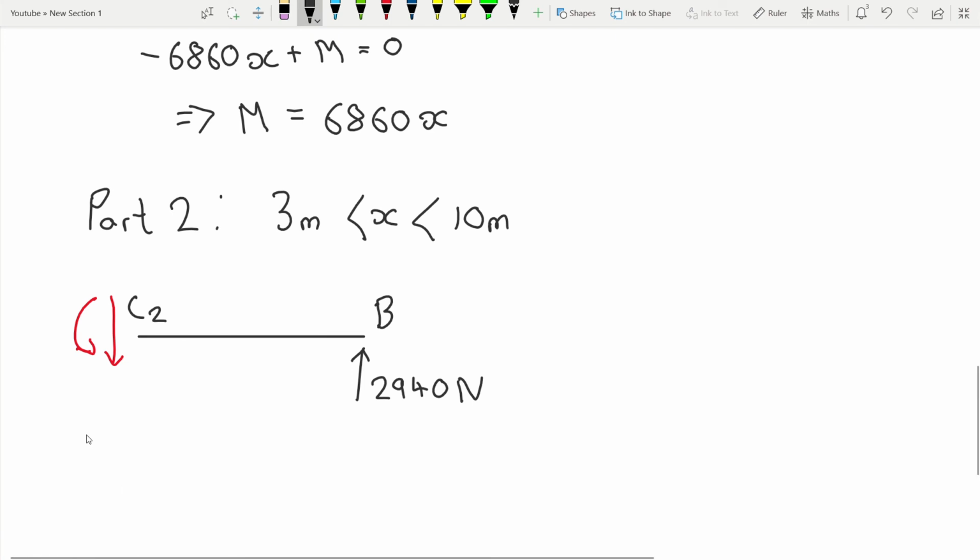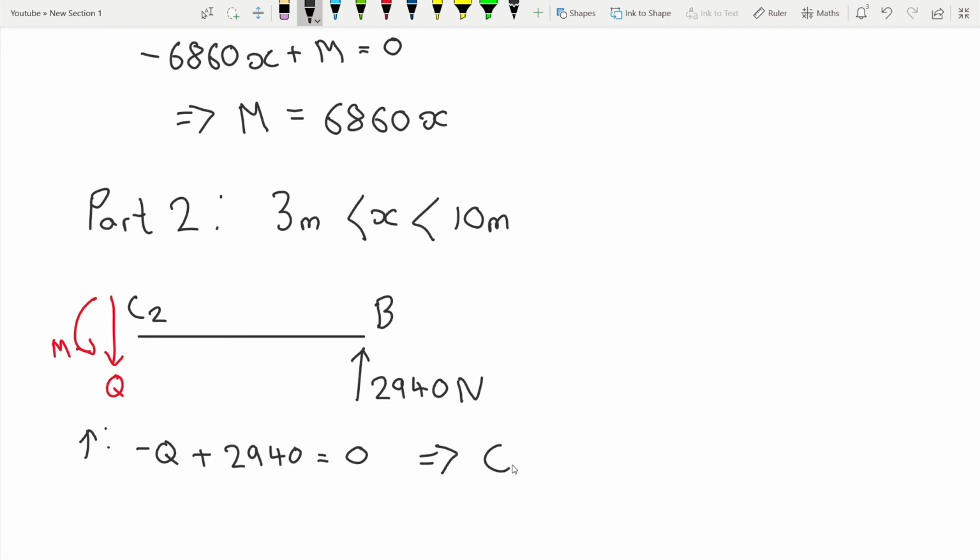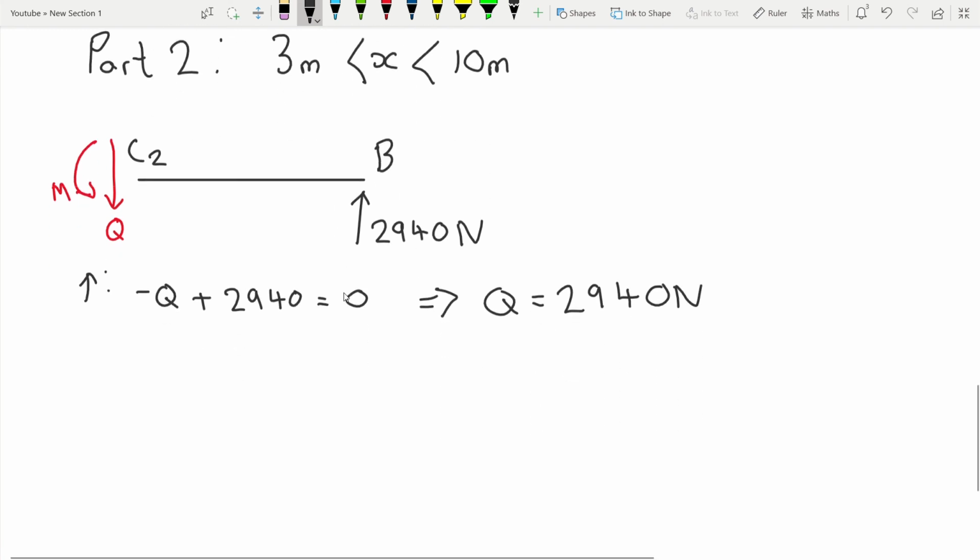Using the same logic, the downwards, sorry, I need to label them, our minus Q, because Q is acting down, add 2,940, all equals 0, therefore Q equals 2,940 newtons for anywhere between C2 and B.